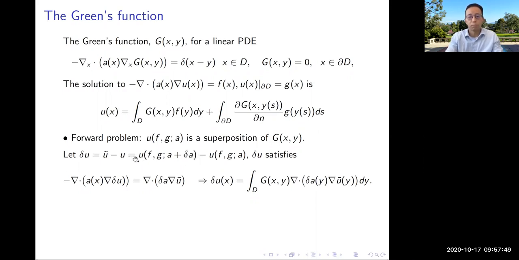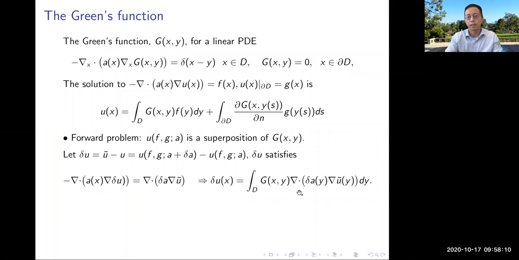If you do a simple manipulation, you will find there's a relation between the perturbation in the solution and the perturbation in the parameters. And they're related by this equation. And eventually it's related by, again, this similar integral formulation.